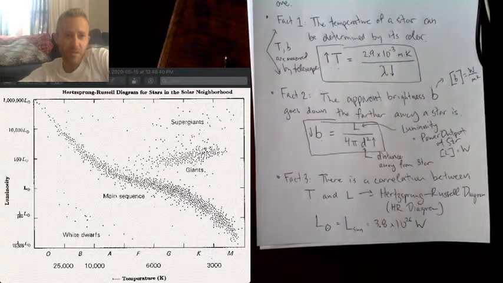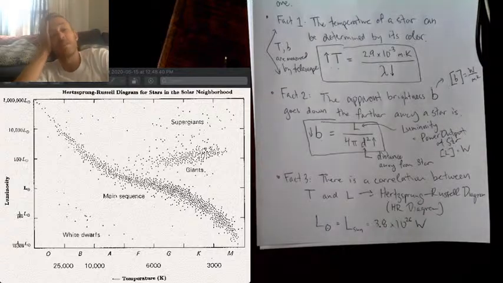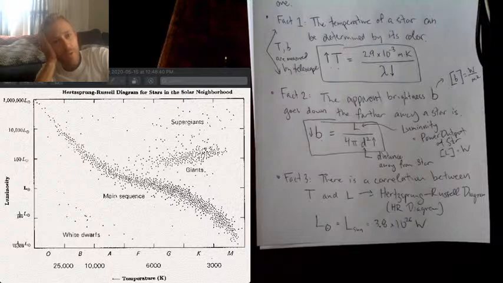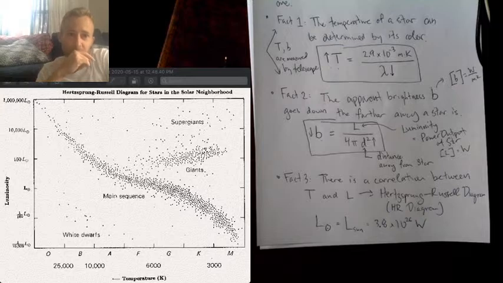I'm going to say maybe the Seth Rogens of the stars, or not Seth Rogen, because I don't think Seth Rogen is bright. Insert your own celebrity. And then in the lower right-hand corner, we have the stars that are dim and cool. So this one I know is the James Franco of the stars, because I think James Franco is a moron.